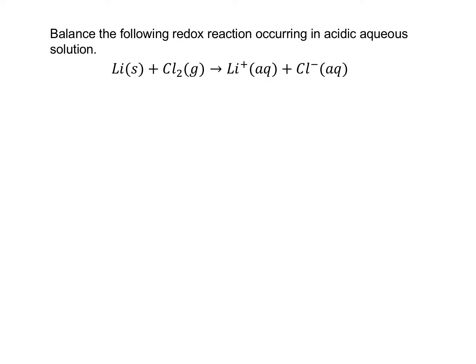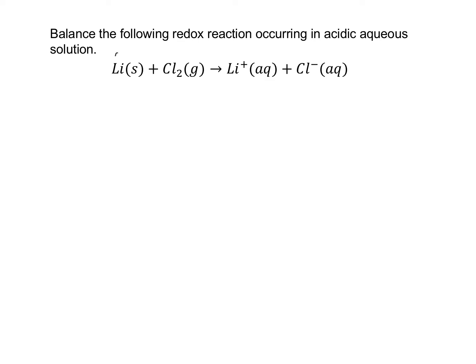Go ahead and get out the list of rules from the previous slide. If you look at those rules, the first thing we need to do is assign oxidation states to every atom in our unbalanced equation. I'm going to go through assigning these oxidation states pretty quickly. If you're not sure how I'm getting these, you may want to go back and look at my video on how to assign oxidation states.